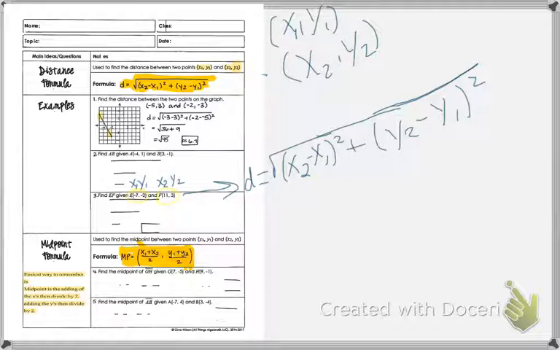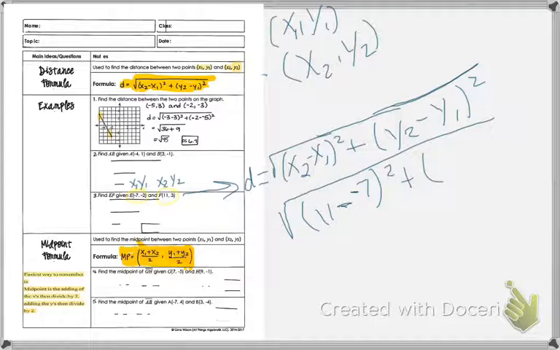All you're doing is plugging in. You've already labeled who your x1, your y1 is, your x2, who your y2 is. You just have to plug in. So we have a square root. x2 is 11 minus your x1, which is negative 7, squared, plus your y2, which is 3, minus your y1, which is negative 2, squared.